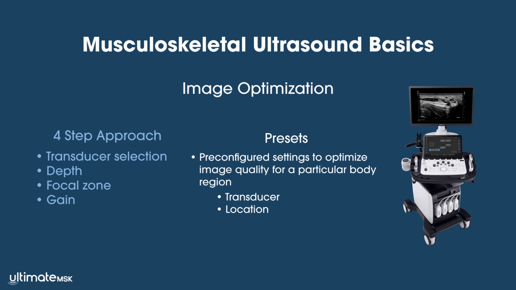For example, a wrist or hand preset typically uses a high-frequency transducer optimized for very superficial structures. In contrast, a shoulder preset often utilizes a transducer with a broader frequency range to accommodate both superficial and deeper targets. While presets are very helpful, it is still important to develop proficiency in image optimization.